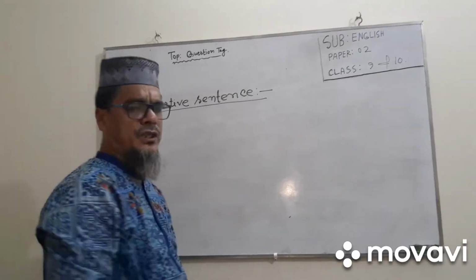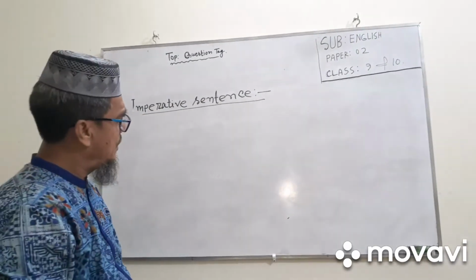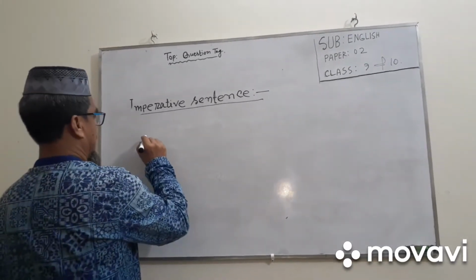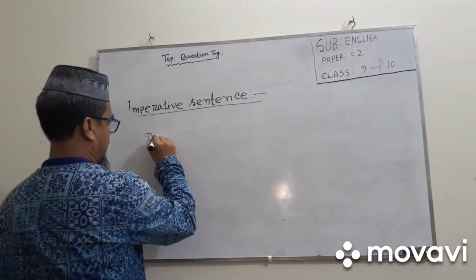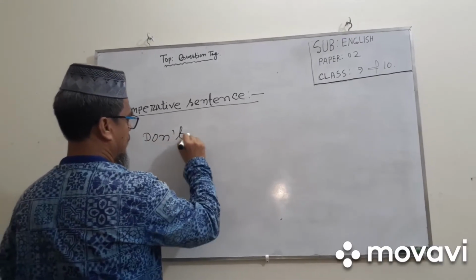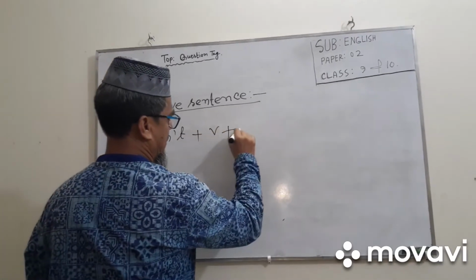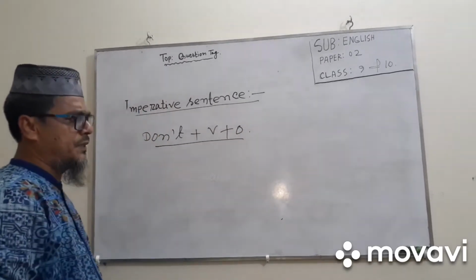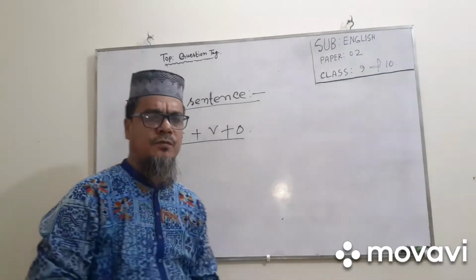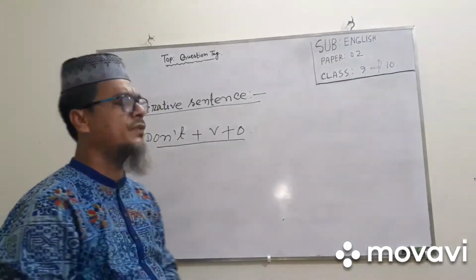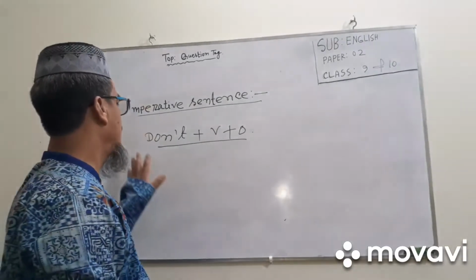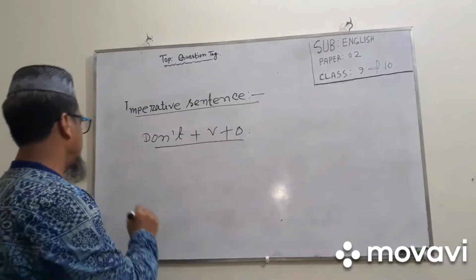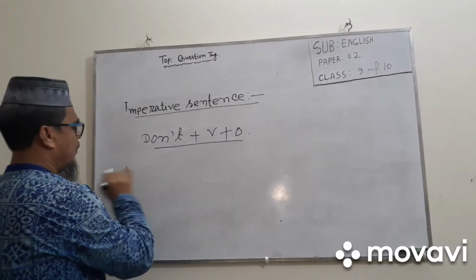Now we are going to discuss the negative structure: don't plus verb plus object. That means the negative structure of imperative sentence. Generally, if you follow such a structure, you must write will you.